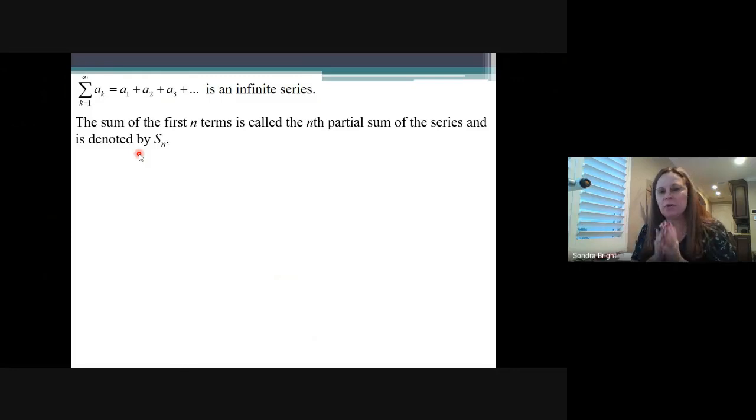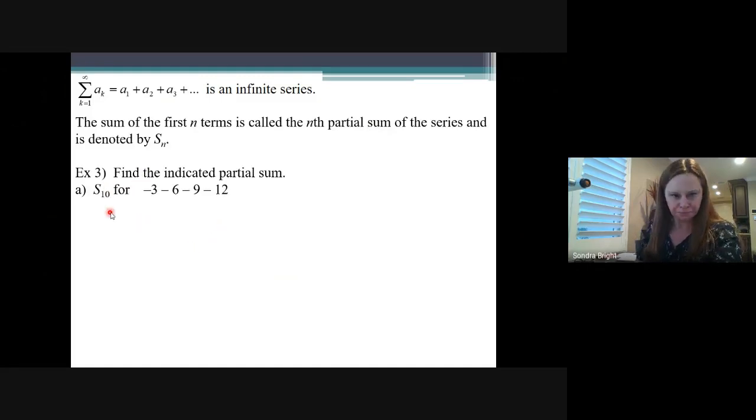If we don't add up the whole series, we don't add up the infinite amount of terms, but instead we just take the first n terms, we call that the nth partial sum, and you write it as a capital S with a little subscript of n, and that n tells you how many terms they want you to add up. It's called the partial sum of the infinite series.